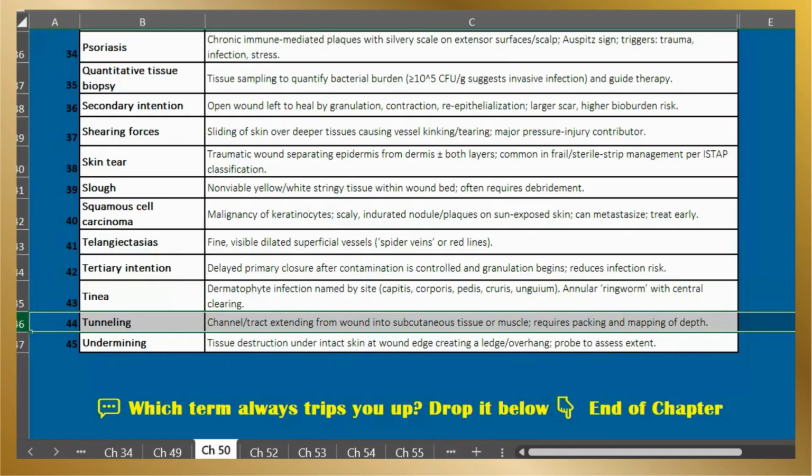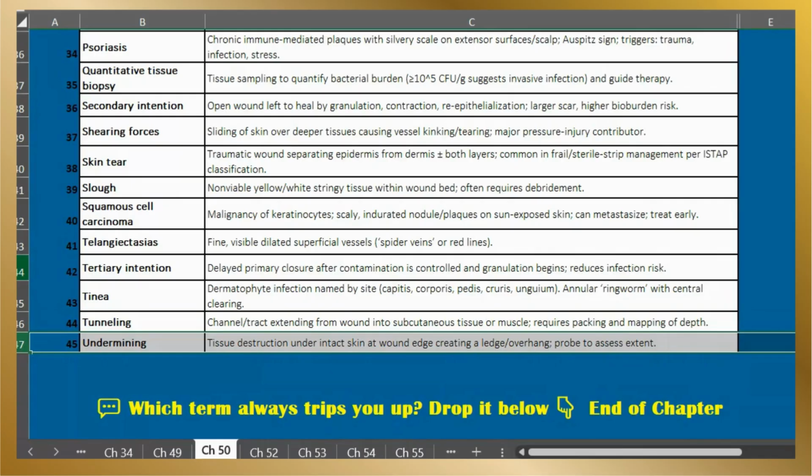Tunneling is a channel tract extending from the wound into subcutaneous tissue or muscle, requires packing and mapping of depth. So it can be like a tunnel tube from the wound, because it's tunneling.